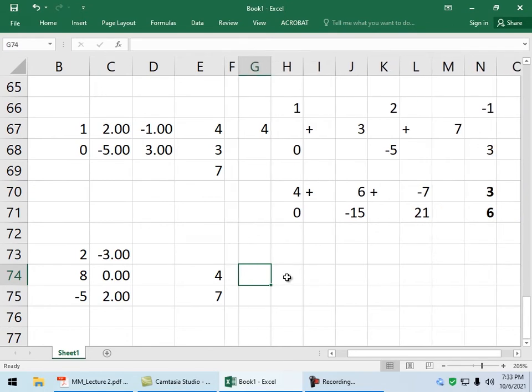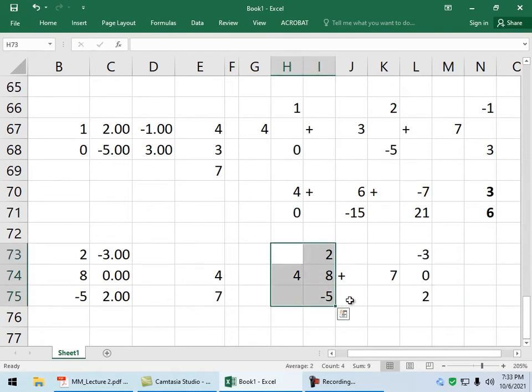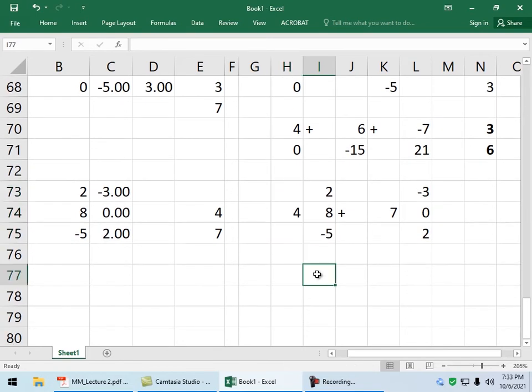So we're starting out again with 4. Here will be 2, 8 minus 5 plus 7, and here will be minus 3, 0, 2. So this value will produce 8, 32 minus 20.